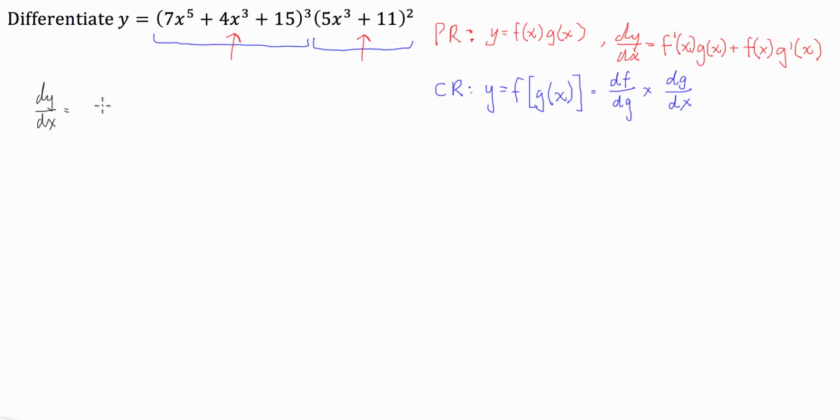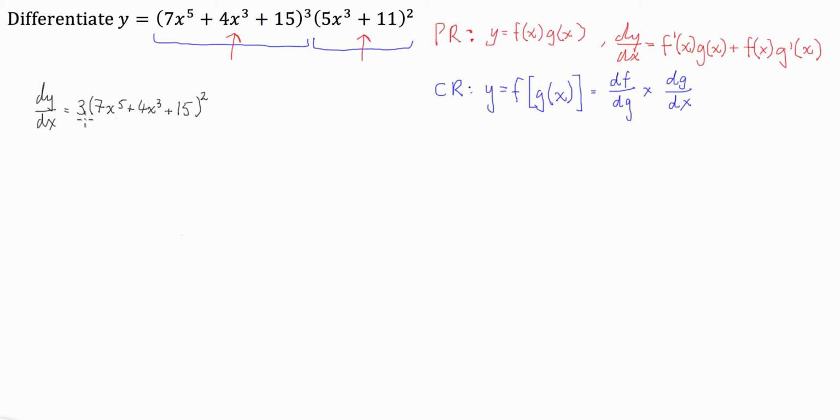So the differential of the front, we get the 3 and we put it down the front. Seven x to the 5, we leave them inside as it is. We drop the power by 1.